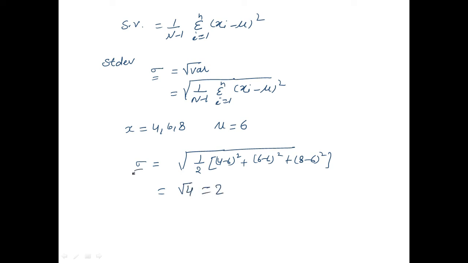So the standard deviation will be equal to 2 for the given data points 4, 6 and 8. So this is the formula for sample variance, and this is the formula for standard deviation, which is the square root of variance. Now we will implement the same thing in Python code.